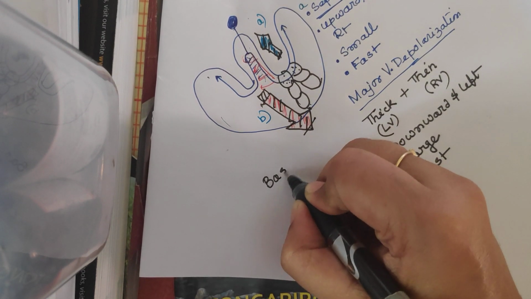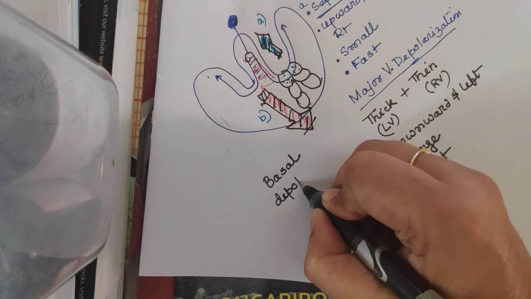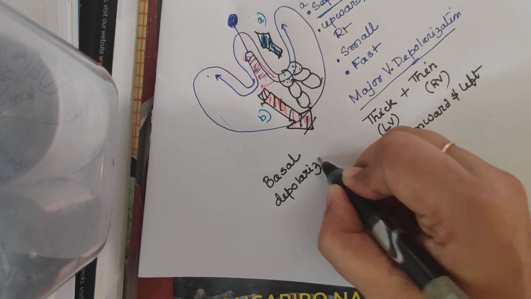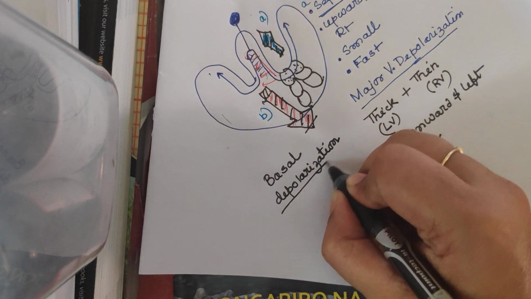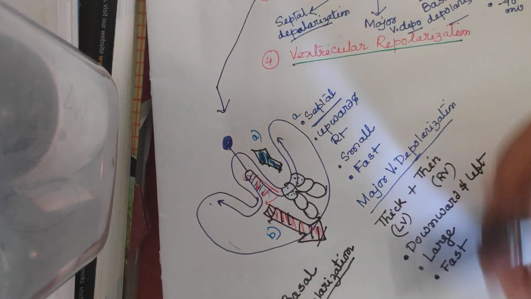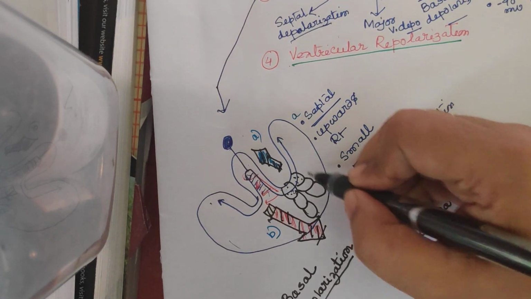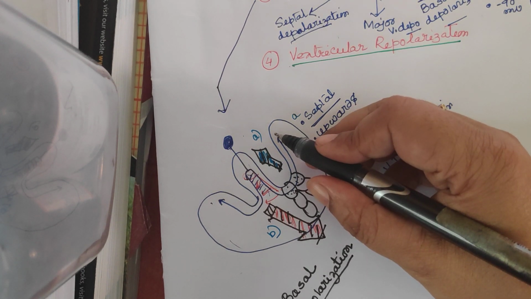Okay, now come to the third part, that is the depolarization of the basal part of the ventricle, that is basal depolarization. Now this wave will move in this direction.